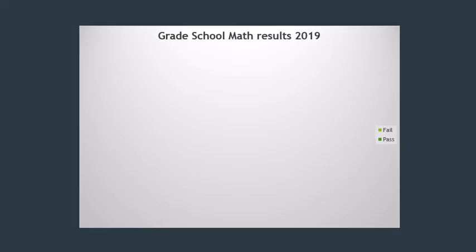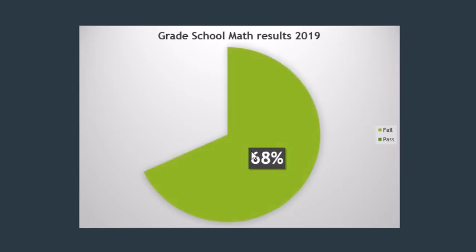But first, let's look at the math results for grade school students for the year 2019. 68% of the students who sat the exam failed. Now bear in mind, around 12,000 students sat that exam.